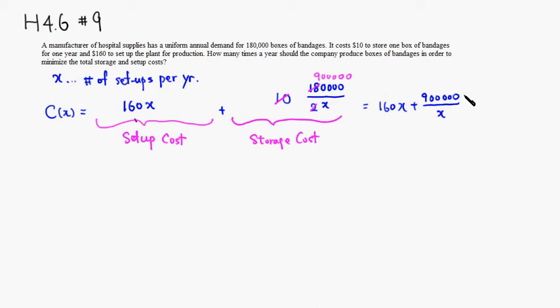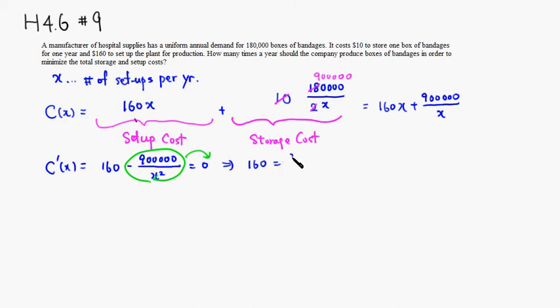So let's take the derivative. The cost function derivative is going to be 160, and the derivative of that term is negative 900,000 over x squared. Set that equal to 0, and I'm going to move this term over to the other side. So you get 160 is equal to 900,000 over x squared.